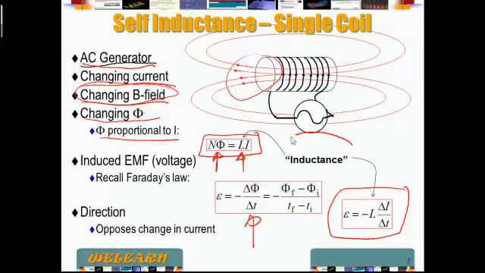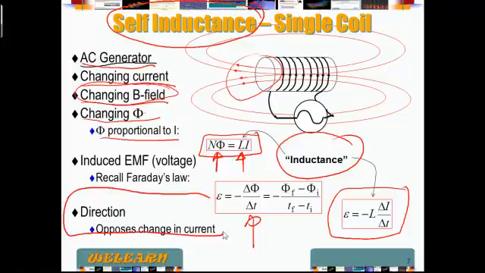Now, that constant L, when we had two coils, we called it mutual inductance. In this case, we call it self-inductance, or in short, we just call it inductance. What you need to remember is, in addition to everything we talked about here, the direction of that induced current is going to oppose the change in current. That's the minus sign that we have here.